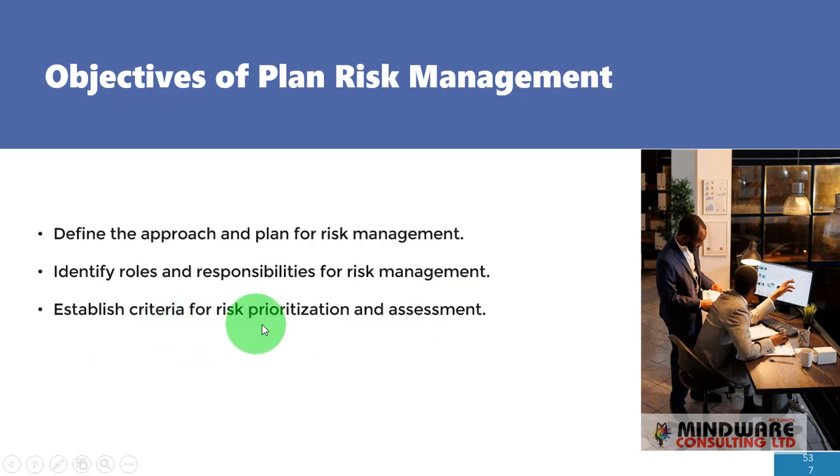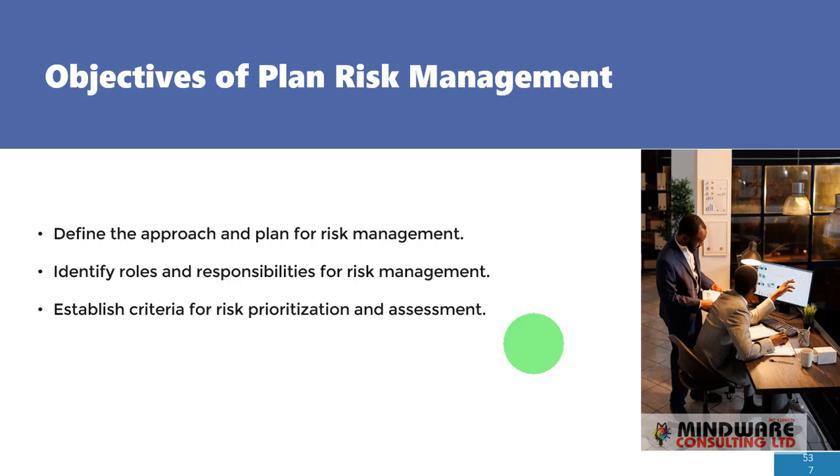Establish criteria for risk prioritization and assessment. So what's your criteria for prioritizing risks? There could be many risks involved in the project. So which one comes first? Which one are you going to pay attention to first and then second?